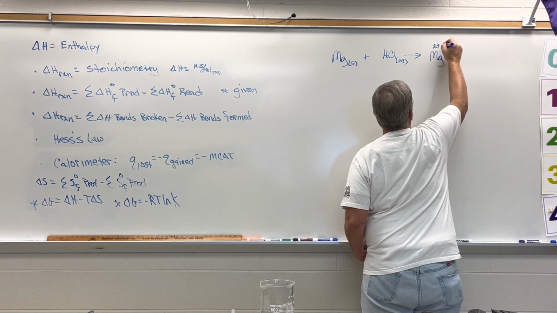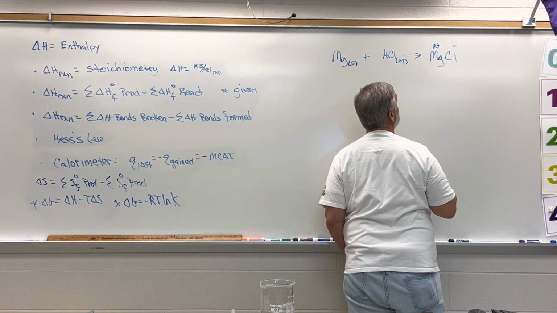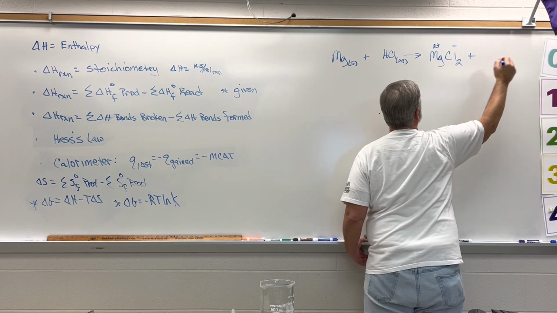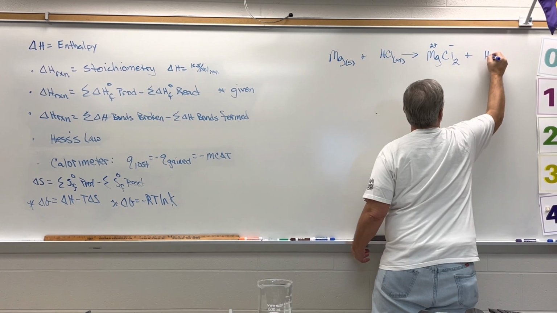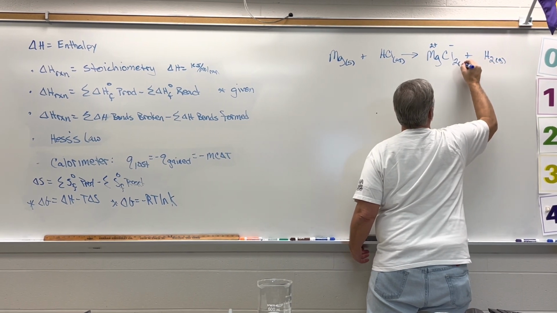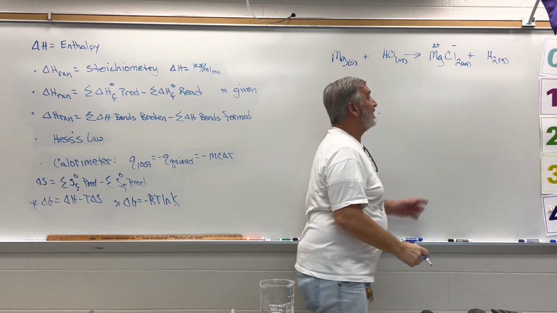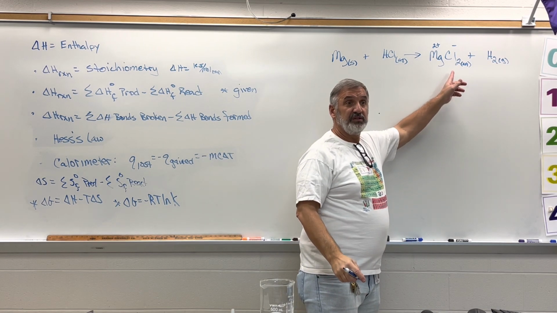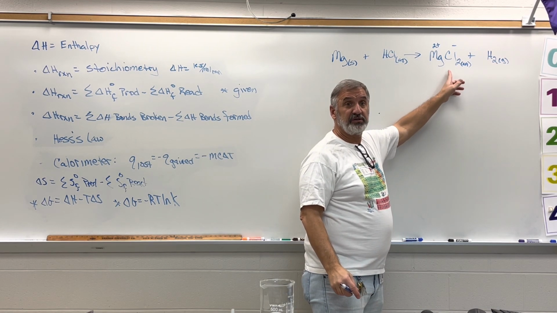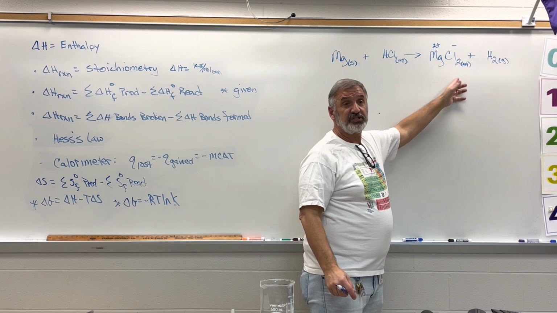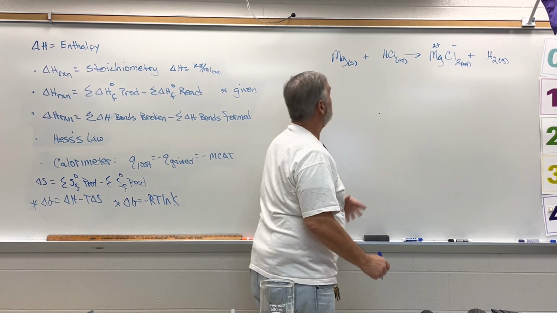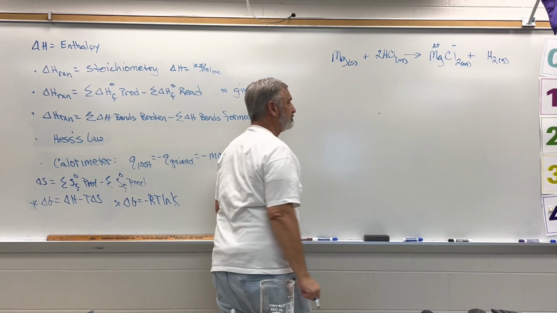So 2 plus and minus, so what's the formula? MgCl2. And then hydrogen is going to be H2, and it's a gas, and this is not one of our 3 chloride precipitates. Silver, lead, and mercury are the chloride precipitates. So from our solubility rules, we would know that's aqueous. Now I balance it, I put a 2.